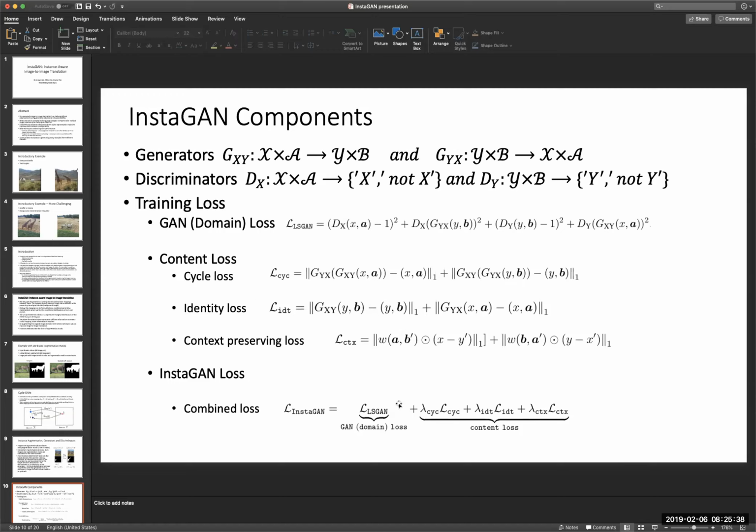Another one of these 3 terms in the content loss is the identity loss, and it's just a 1 direction loss rather than a cycle. So there's a term for the XY transform and the YX transform.